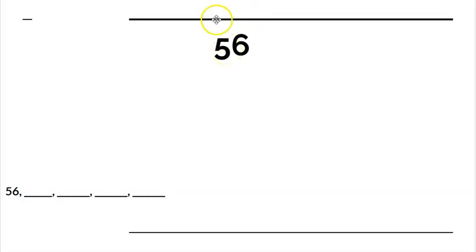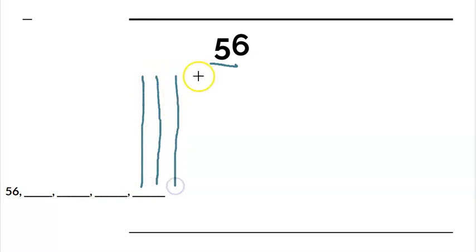You're right. Okay, I know my number is 56. Now I need to be able to identify how many tens, how many ones, and draw them with my quick tens. Think in your head. How many tens do we see in 56? There are 5 tens because I see a 5 in my tens place. So let me draw that out. 1 ten, 2 tens, 3 tens, 4 tens, 5 tens.